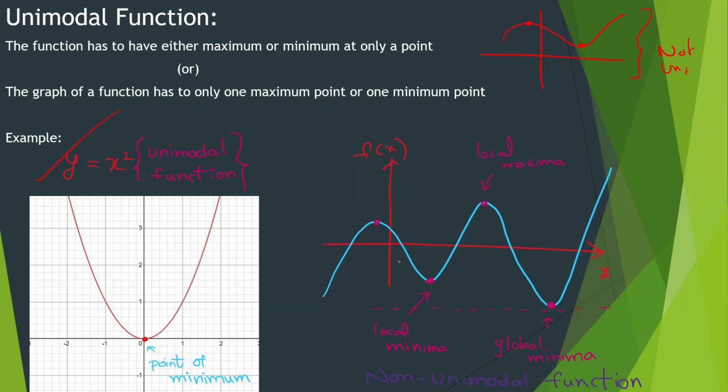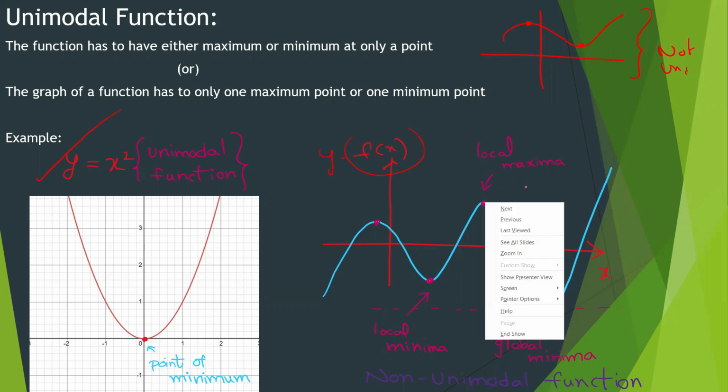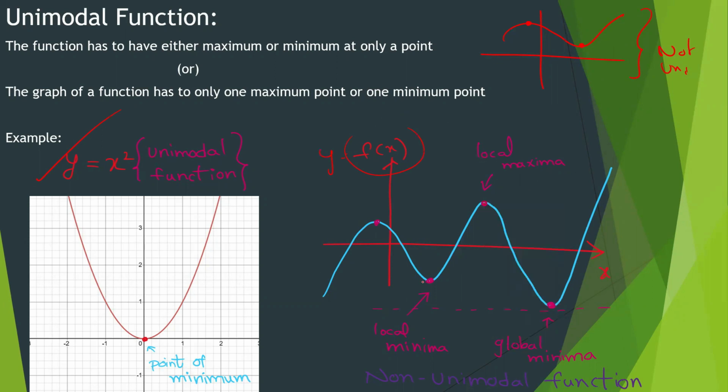Next, suppose you see this graph, this was the function y is equal to f of x, and this point is the local maximum, and this is the local minimum. And if you see this point, this is known as the global minimum. So what is the difference between local minima and global minimum?